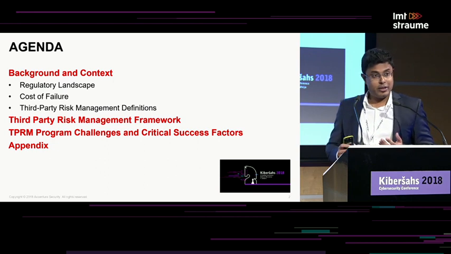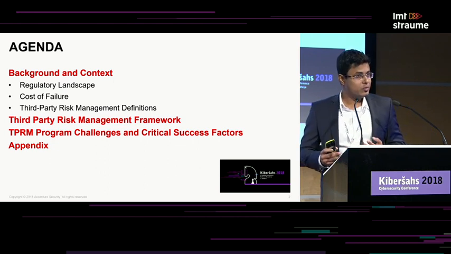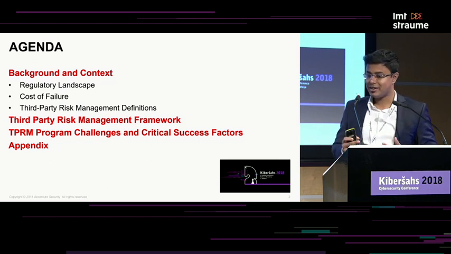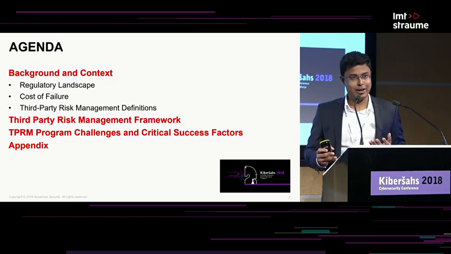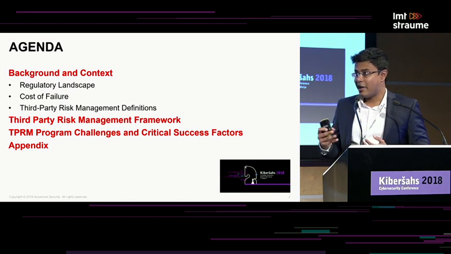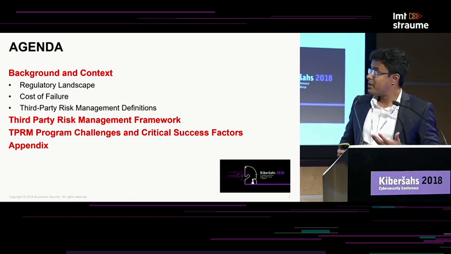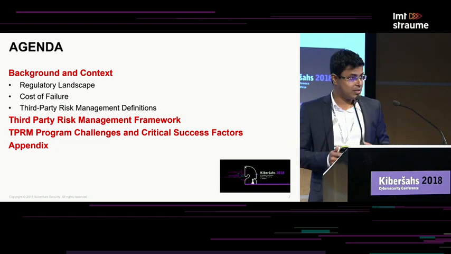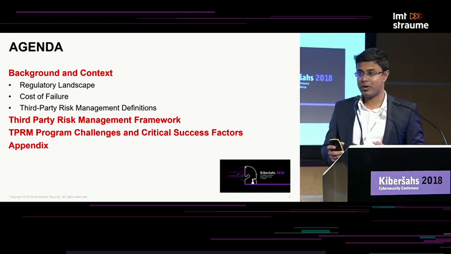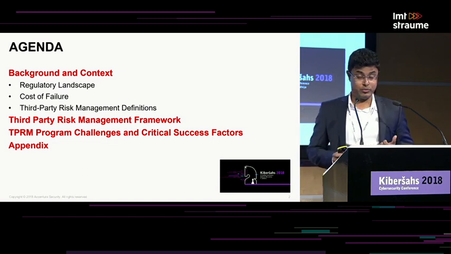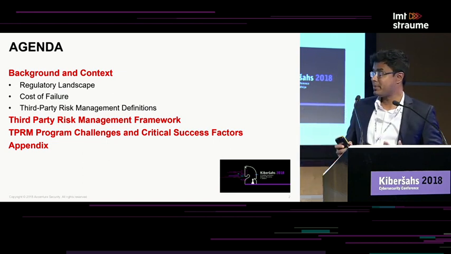Cost of failure, these would be use cases which we've seen in the past where failure is in line with third parties not meeting expectations. And third-party risk management definitions. This is just giving you an overview of what third-party risks are and how we manage these risks from a definitions perspective.